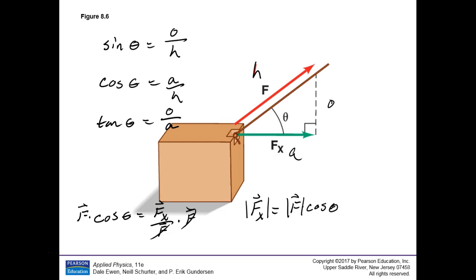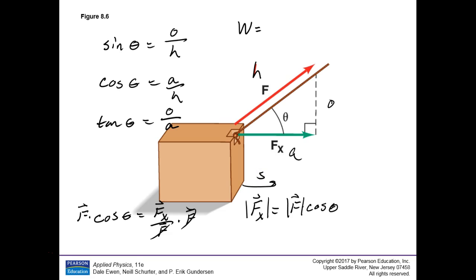So what is your work then? The work done by pulling. You're pulling it. See, that's a rope tied to the box. You're pulling in that direction. What is the work done? The work done is not F times distance. They didn't show the distance. Here is the displacement.